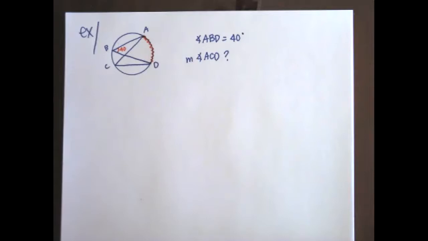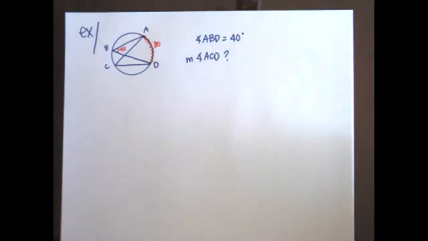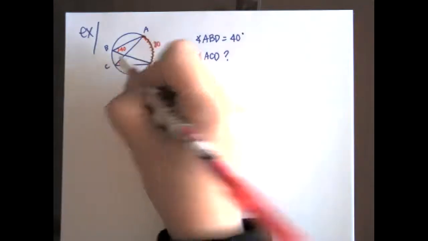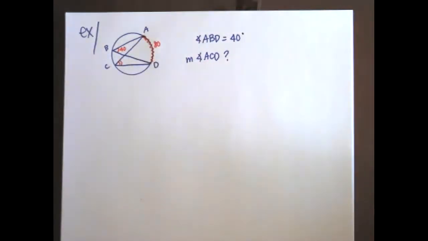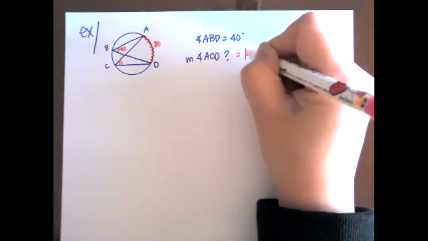The angle is half the arc. So yes, thank you, Neela. This is 80. Angle ACD here. What is the arc that it intercepts? Isn't it the same arc? So that means angle ACD is also 40.